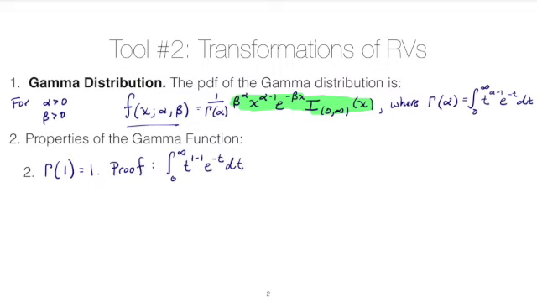So of course that's the integral from 0 to infinity. So t raised to the 0 is just a 1, so this is just the integral of e to the minus t dt. And if you remember from your study of improper integrals, this integral is 1.